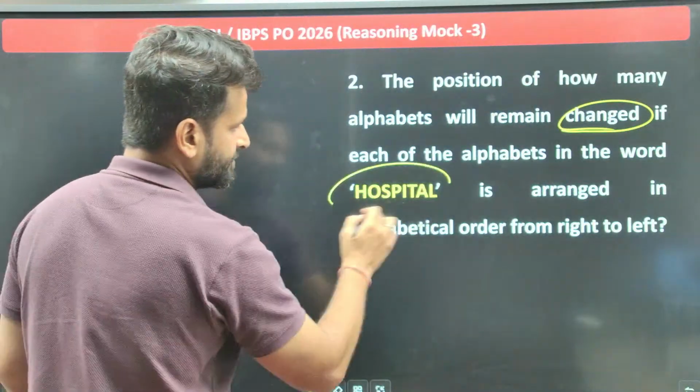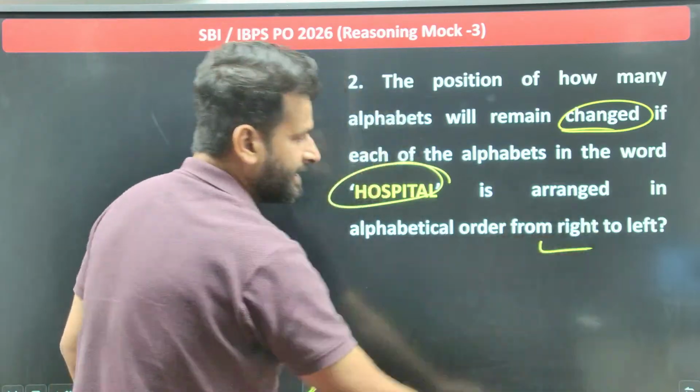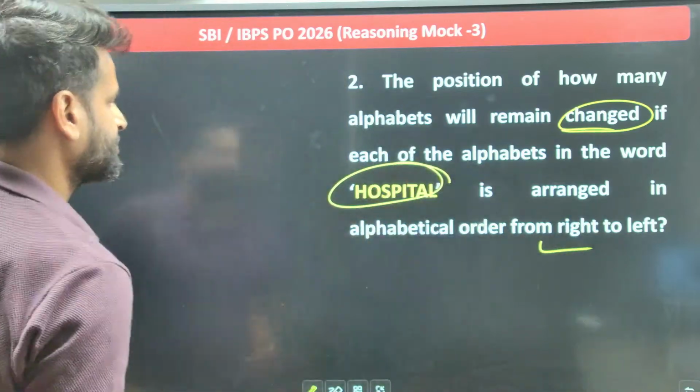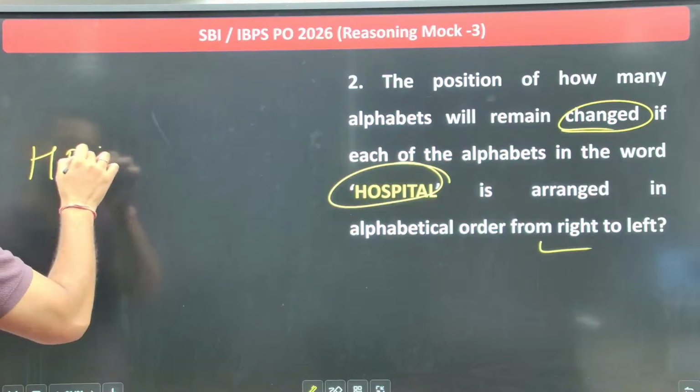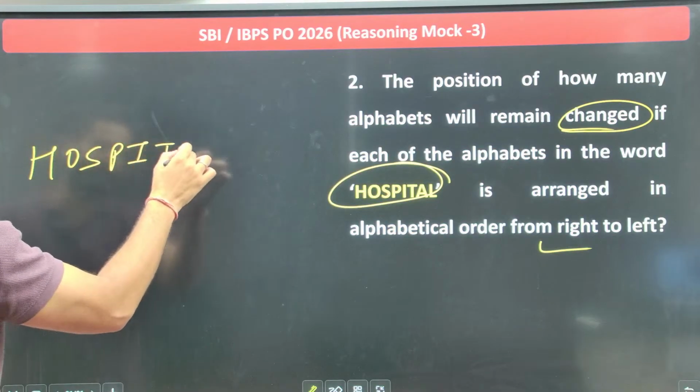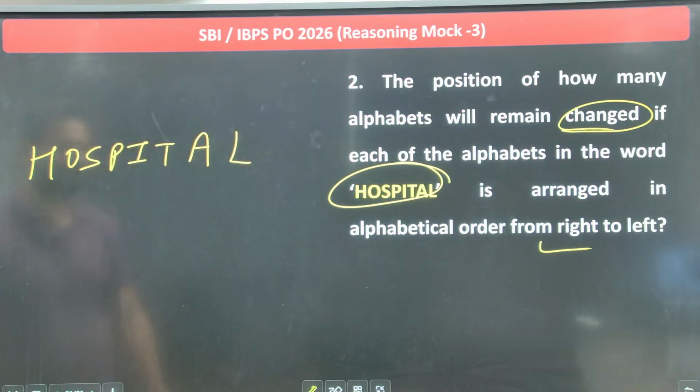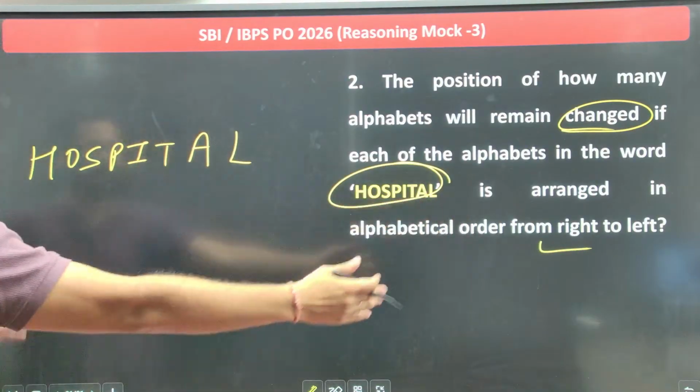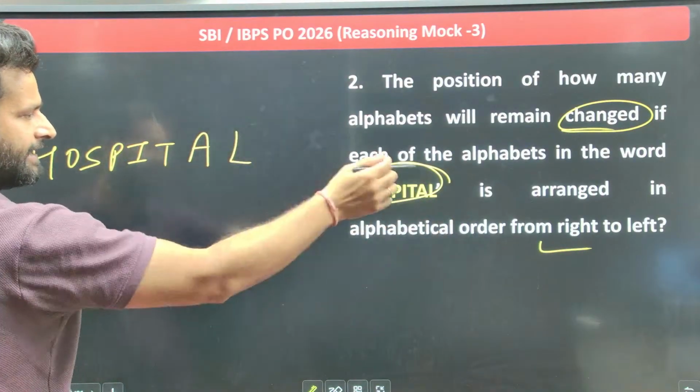If I arrange all the letters of this word from right to left, the direction of rearrangement is also changed. Word is hospital. Right to left, alphabetical order.